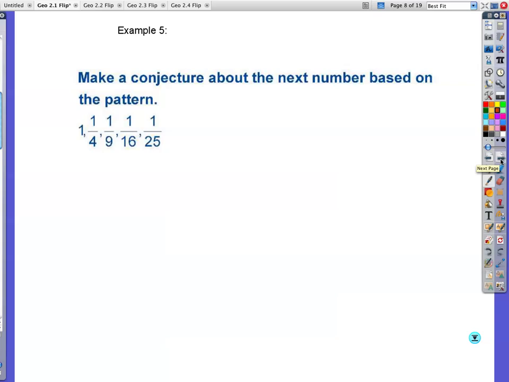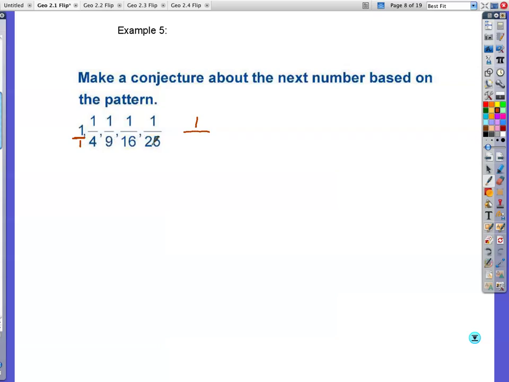Make a conjecture, an educated guess, about the next number based on the pattern. Actually here my numbers are getting smaller. 1/25 is much smaller than 1/4. But let's look. My numerator, I can write that as 1 over 1, is always going to be 1, so I know I'm going to have a 1 on top. Now I'll just look at my denominators: 1, 4, 9, 16, 25.